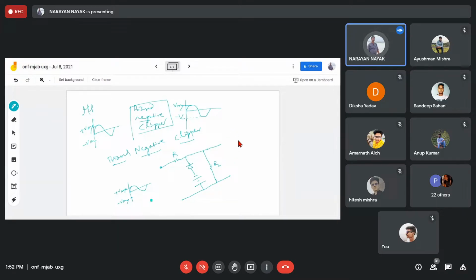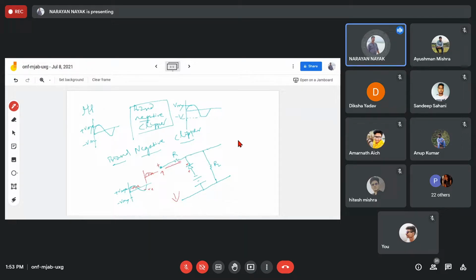If the input voltage is, this is the positive cycle and this is the negative cycle. Whenever you apply the voltage, the first cycle, the positive cycle, will be taken. Means this terminal is positive. Once this is positive and this is the negative terminal of the diode, what will happen?